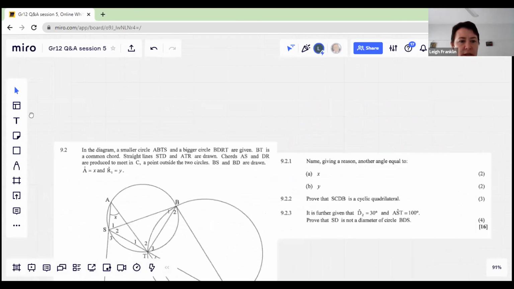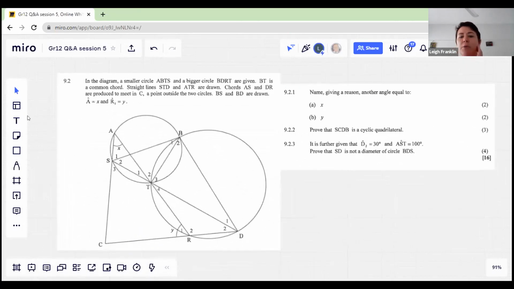Now here things start to get a little bit more complicated. All right, let's have a look at what's going on over here. Okay, so in the diagram, we've got smaller circle ABTS and bigger circle BDRT that are given. BT is a common chord. Okay, so common chord means it's a chord in both circles.